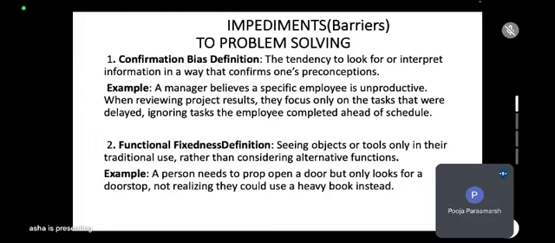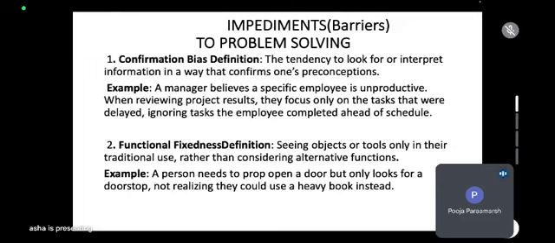But the present generation, Gen Z, feels the idea is to complete the process, so we take shortcuts and try to finish things faster. Everything depends on the exact traditional use, rather than considering alternative functions.